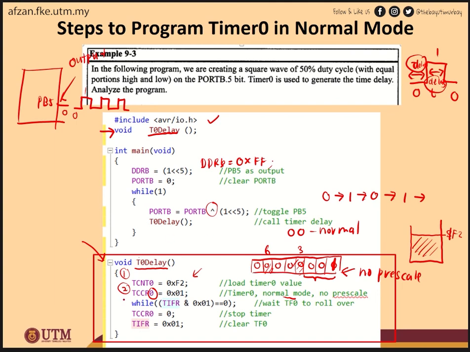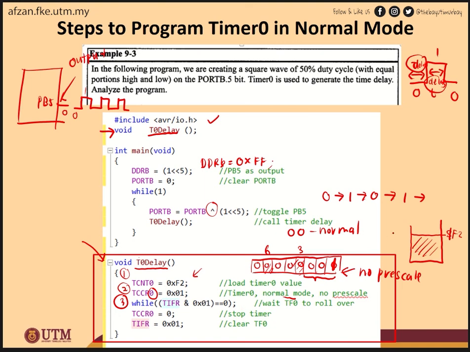And then step number 3. What is step number 3? While TIFR AND with 0x01 equal 0, is my TOV0 equal to 0? If yes, it will keep repeating. If not, it will exit this loop. So what happened here? I monitor my TOV0 flag.